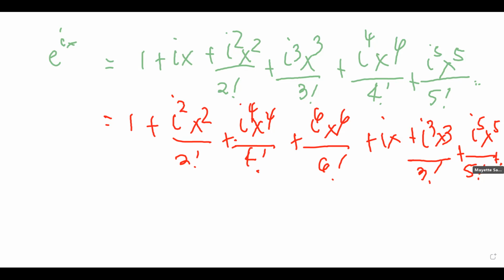Now, using the values of i squared, i squared is -1, which means we can change this to minus x squared.